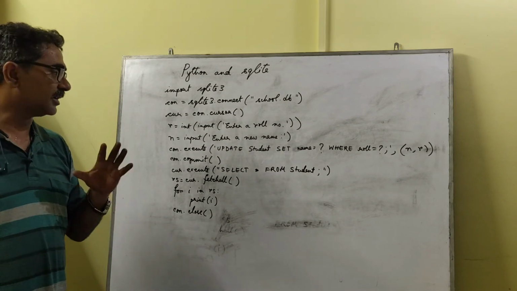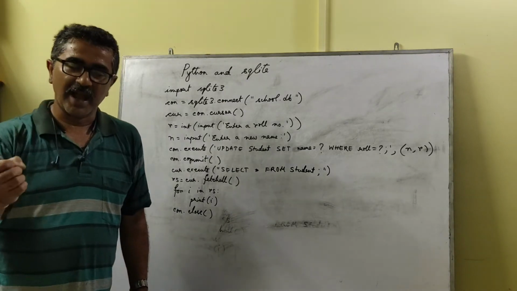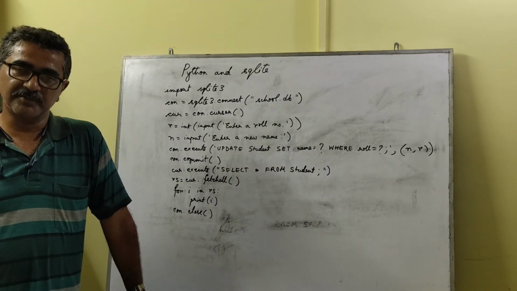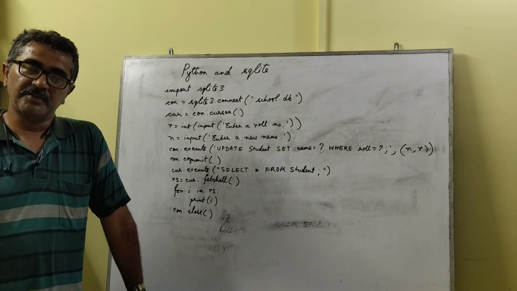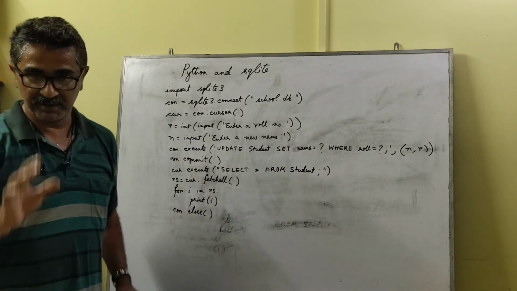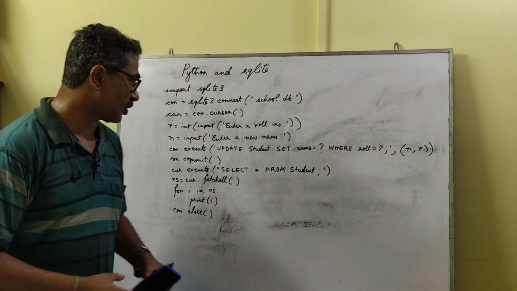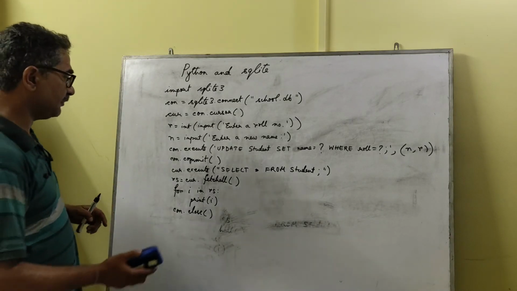a particular record from a table. In the sense that what I'm going to do is, I'm going to accept a roll number which we want to remove from the table. And this particular roll number, we are going to remove it from that particular table and see the content of the table, whether the removal process has occurred or not. So let me make few changes in this particular program.